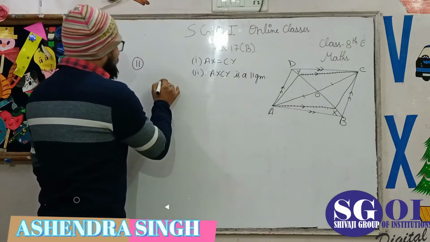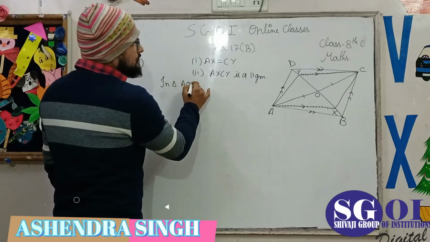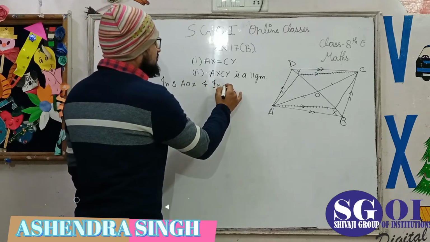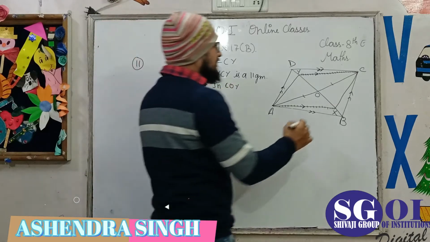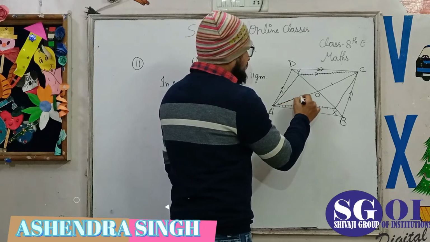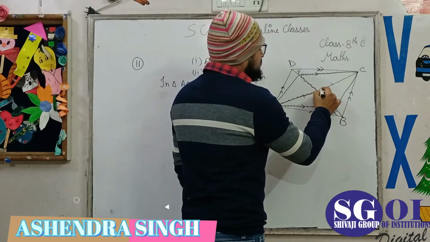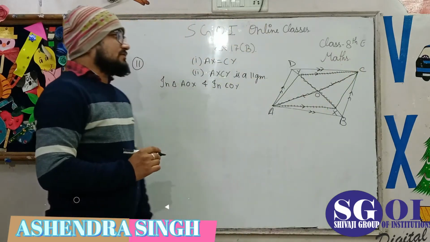So we'll be looking into triangle AOX and triangle COY. We will see two triangles. This triangle AOX and this triangle COY.